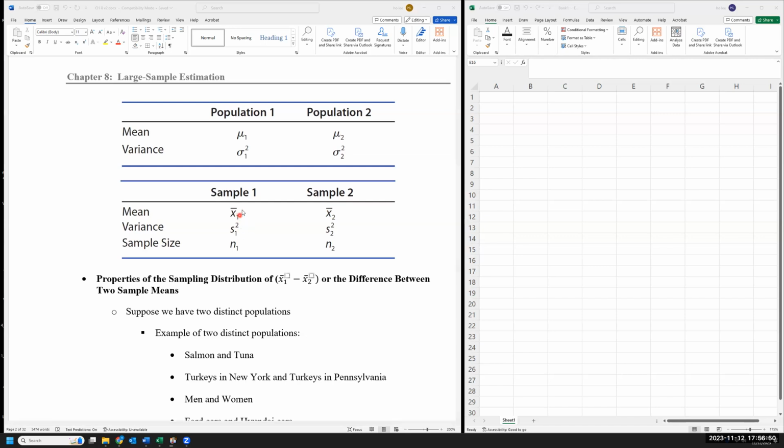If x1 bar minus x2 bar is equal to 0, maybe there isn't a difference. But if x1 bar is greater than x2 bar, that is saying the average for population 1 is larger than the average from population 2. All right. So properties of the sampling distribution of x1 bar minus x2 bar, the difference in the two sample means. Okay.